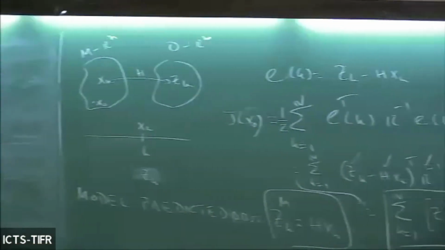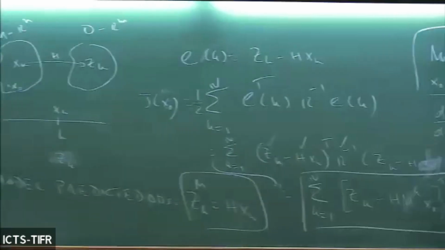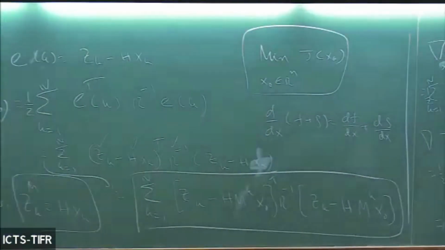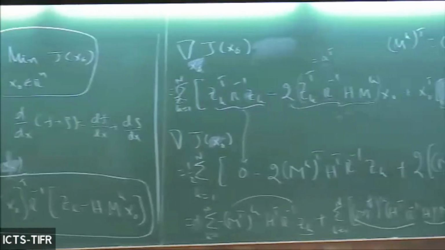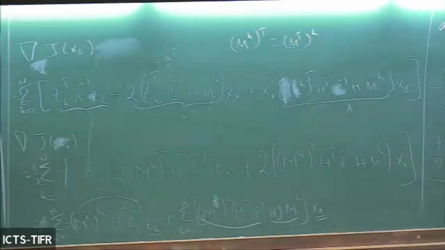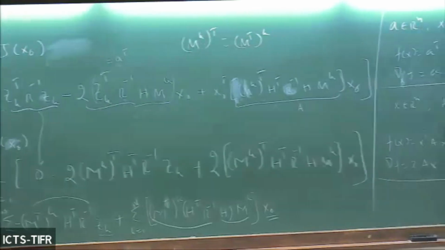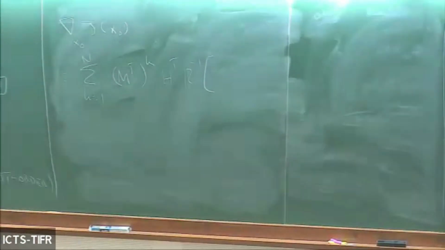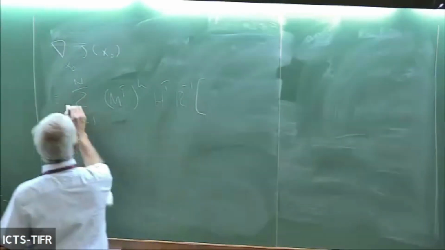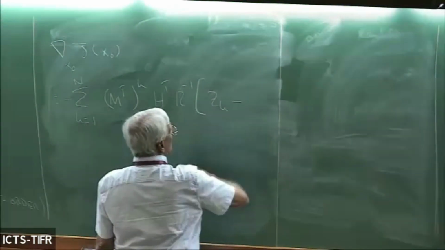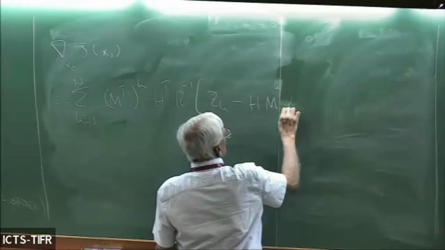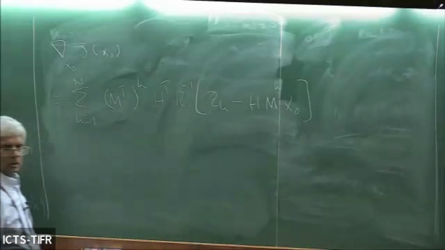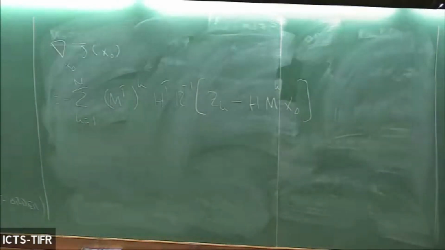So these terms are common. So I can take the common factor out, which is M transpose to the power k, H transpose, R inverse. Let me take the minus sign out here. So this is going to be ZK minus H M to the power k x naught. Please check that.